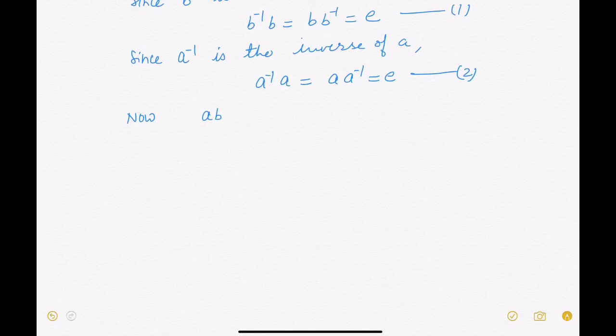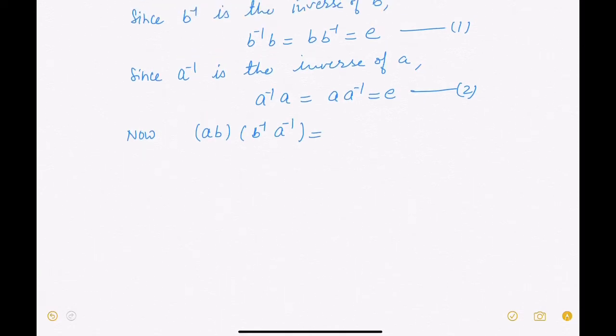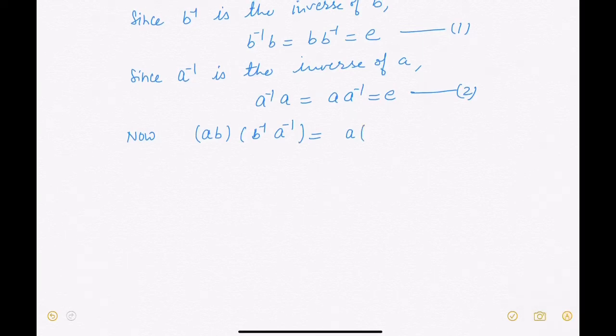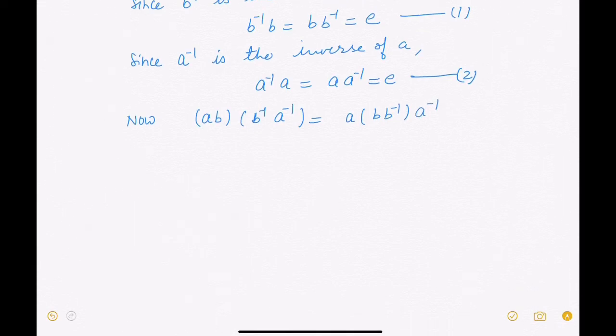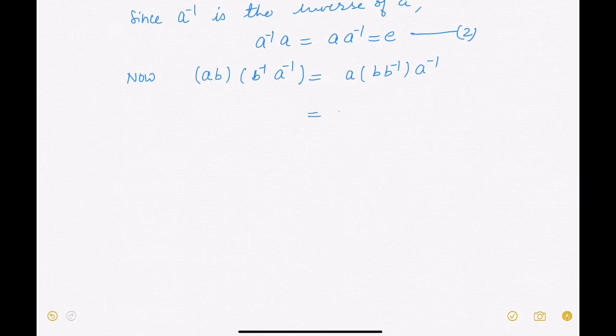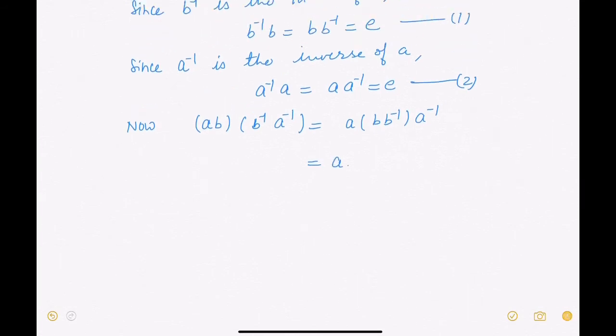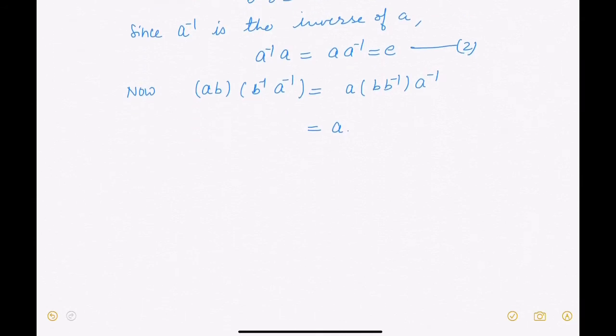Taking the product of AB with B inverse A inverse, we apply the associative law, that means we change the grouping: A, then B inverse, and then A inverse. B B inverse is E from 1, so this is the identity element using 1.